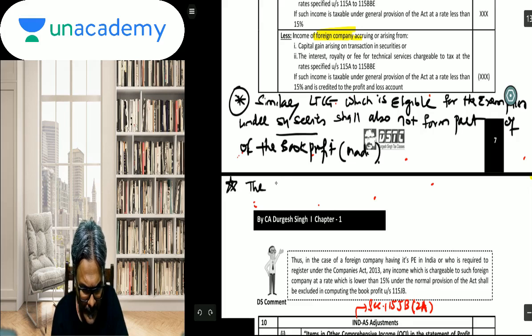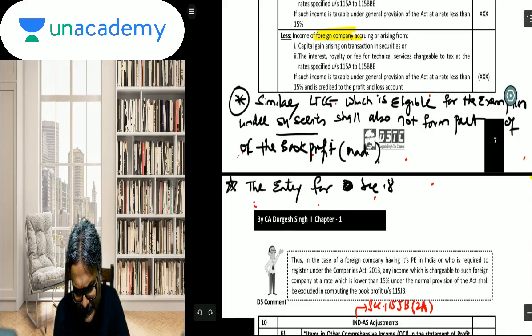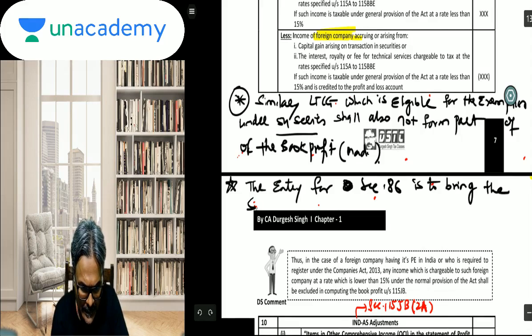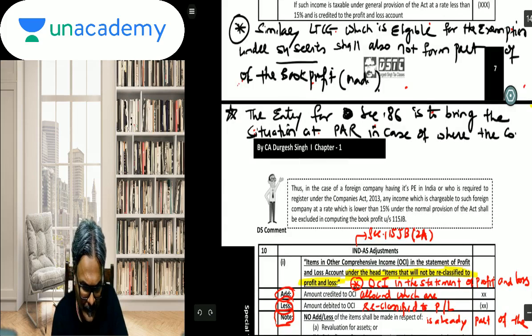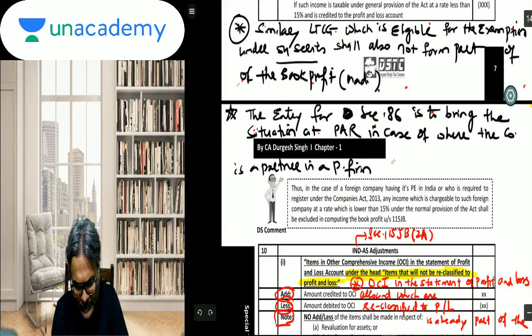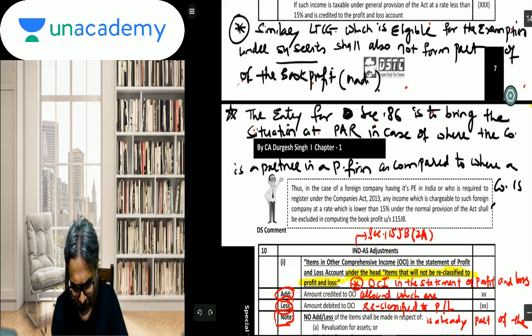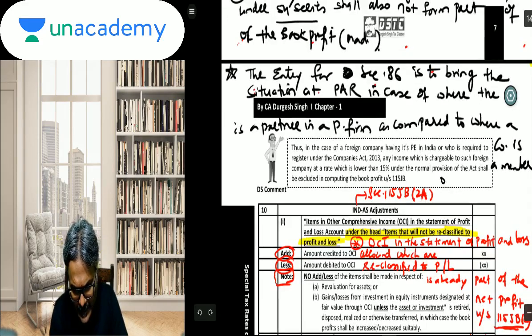The entry for section 86 is to bring the situation at par in case where the company is a partner in a partnership firm as compared to where a company is a member of the AOP.